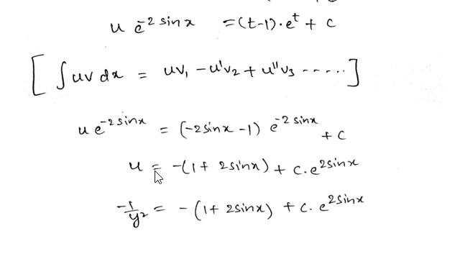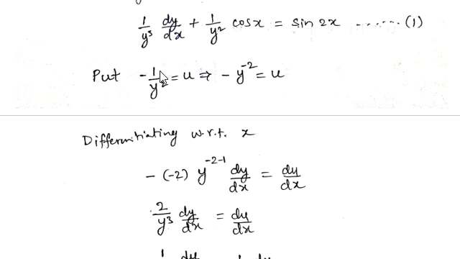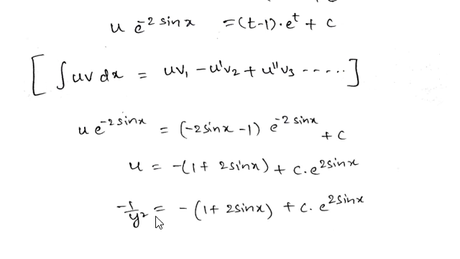In the place of u we can write minus 1 by y square, because initially we assumed minus 1 by y square as u. This is the required general solution for the given differential equation.